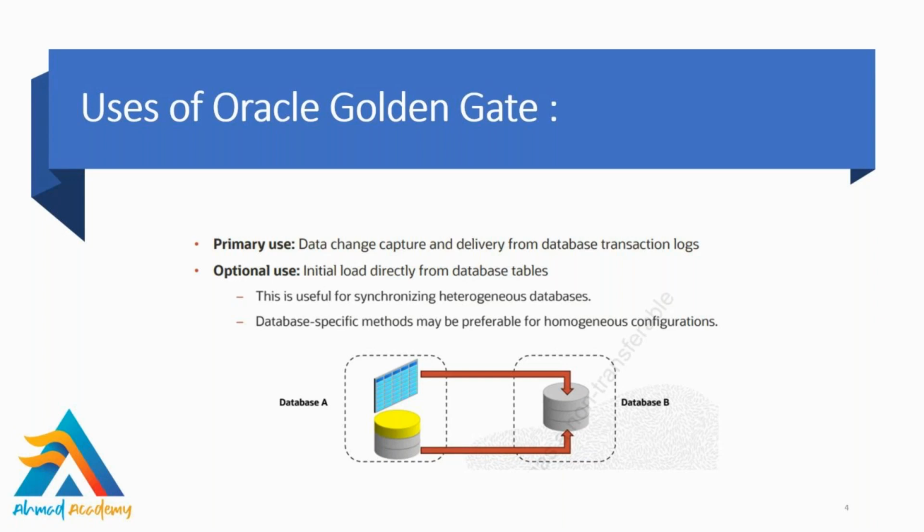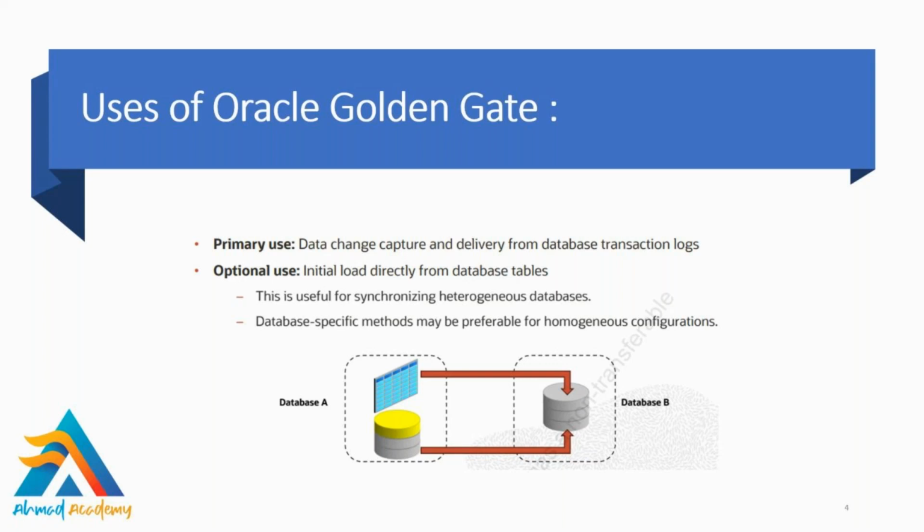So one of the main purposes of Oracle Golden Gate is to share data changes from one database with another database, and you can also perform initial load data migration. And the exception to the database specific method is Oracle to Oracle, meaning homogeneous environment.